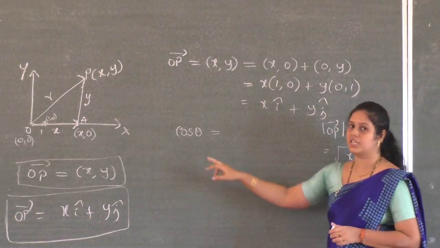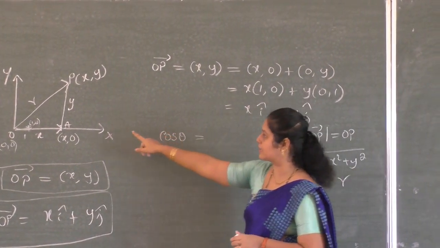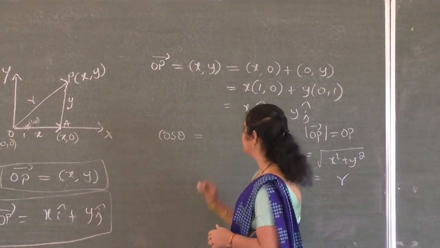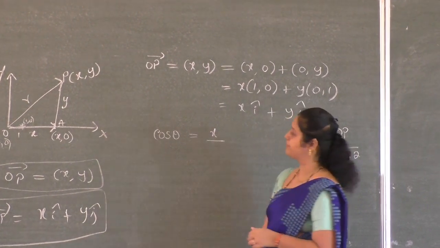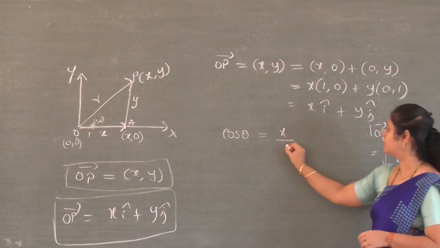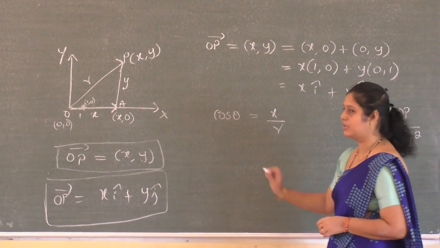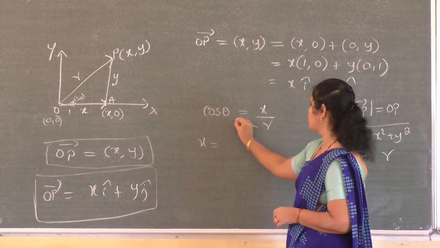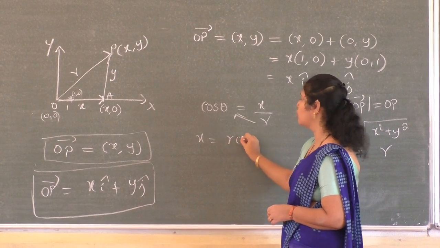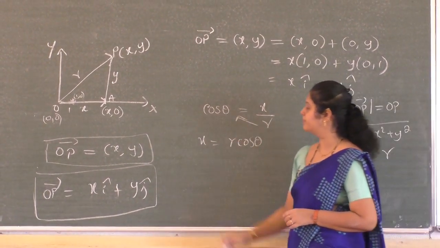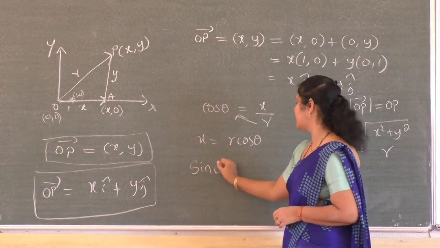Okay, now in this right angle triangle, cos theta is adjacent by hypotenuse. So adjacent is x, hypotenuse is r. Cos theta is equal to x by r, so x is equal to r cos theta. Similarly, in this right angle triangle, I define sin theta.